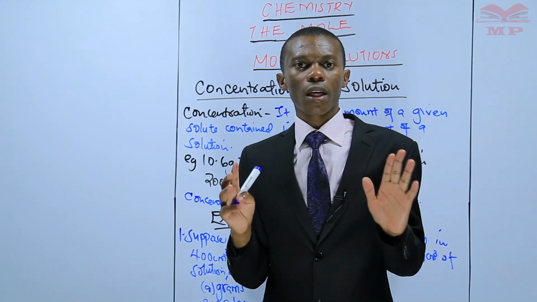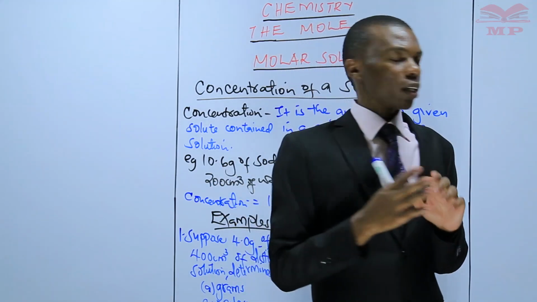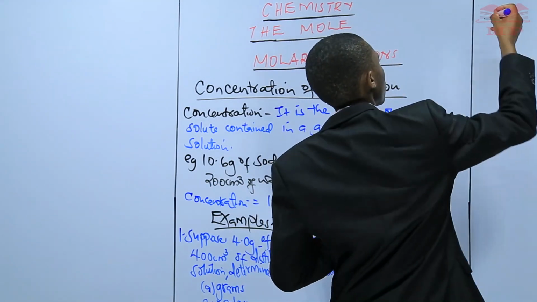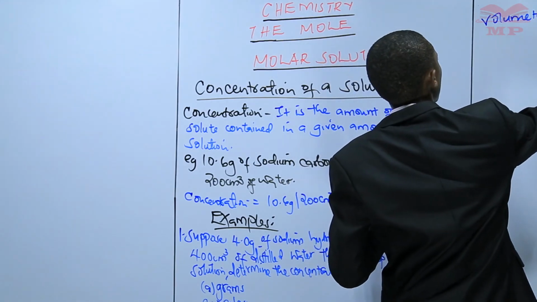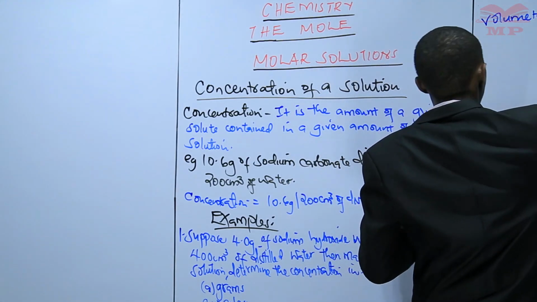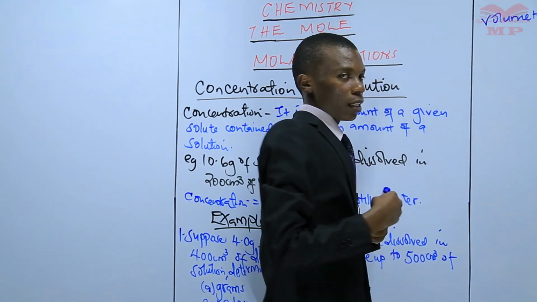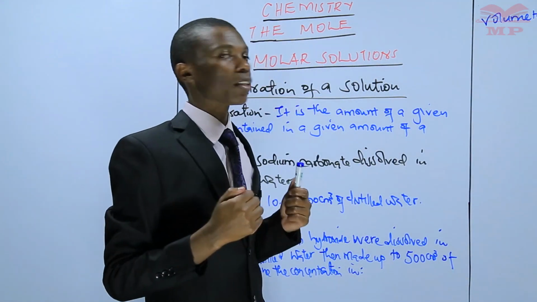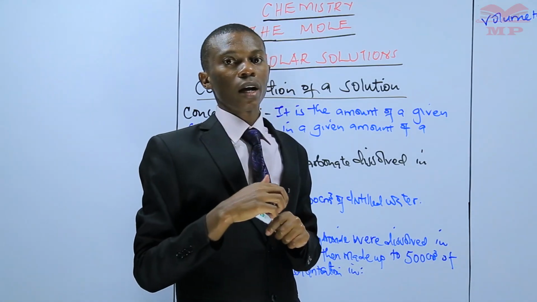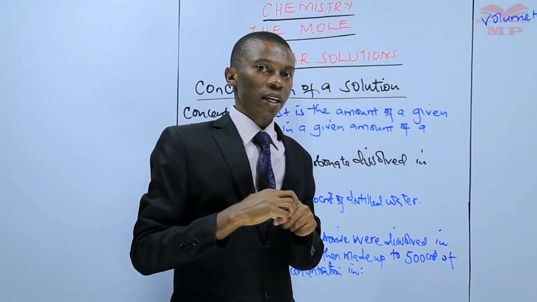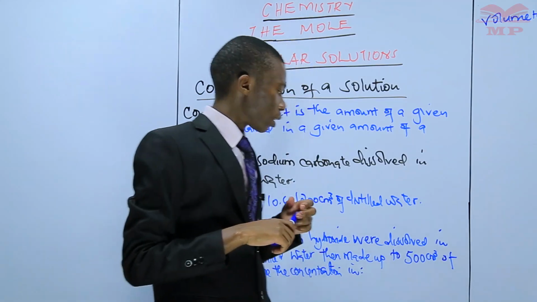In this case, the apparatus we are using is a volumetric flask, which is used to measure accurate volumes in the laboratory.